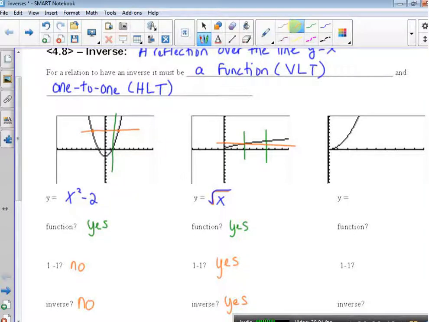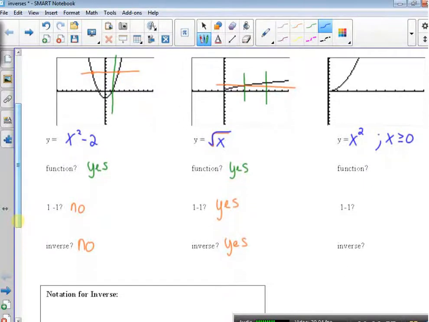Now this next one is only showing you the right side of a parabola. So we would say it's y equals x squared when x is greater than or equal to 0. Because if you look at it, we're only seeing x is 0.